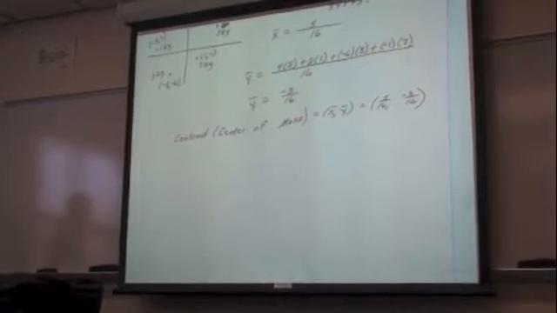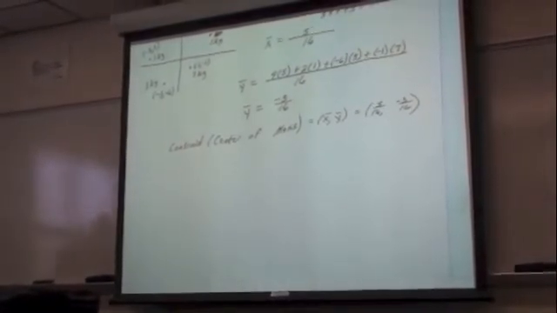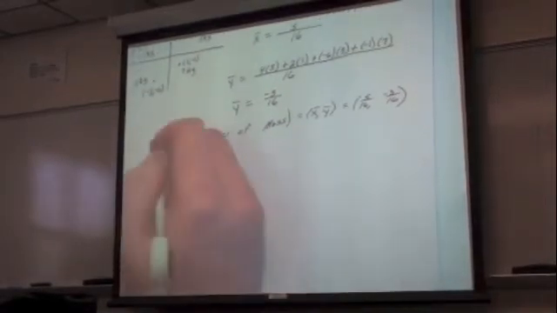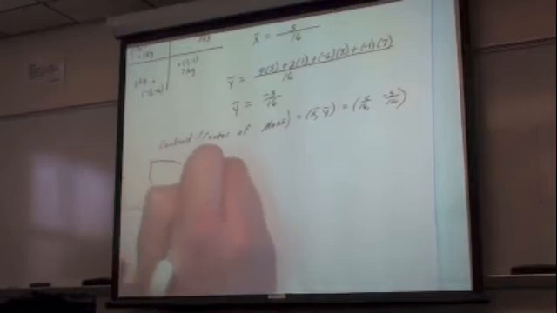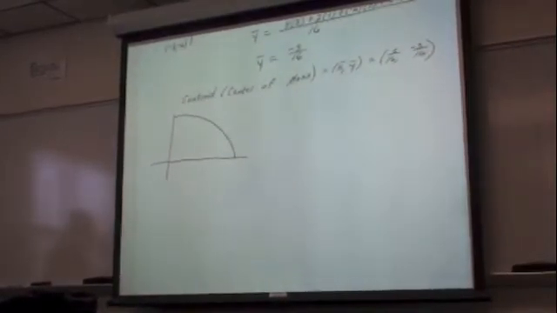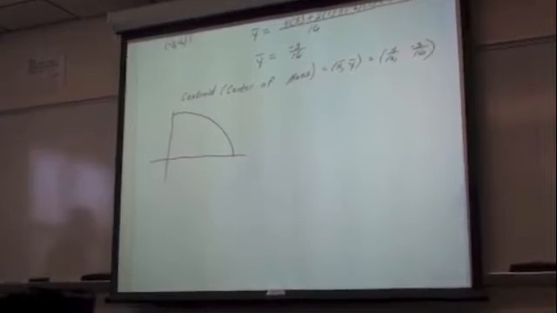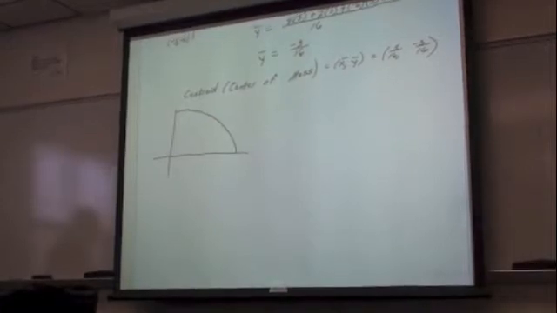Okay, now, if we're talking about any region, let's say I have some curve now with an infinite number of points in it. This just looks like the cosine function from 0 to pi over 2. Doesn't have to be any specific function though.